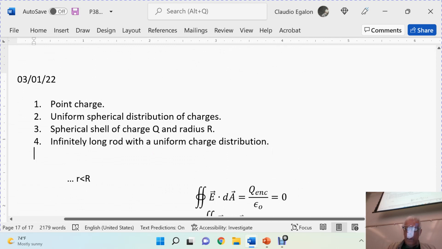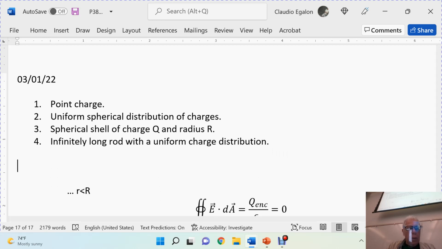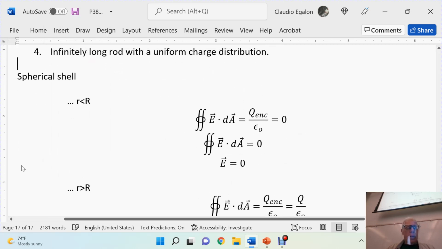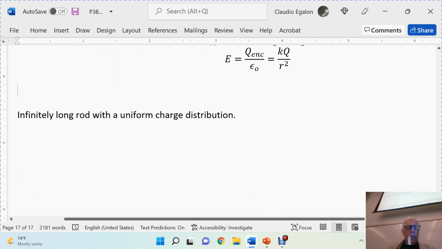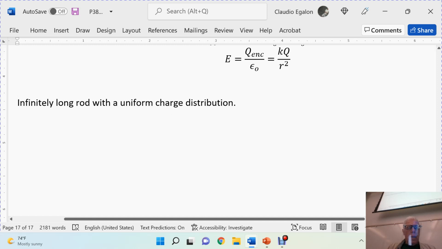So this one here, what we did, is spherical shell. Infinitely long rod. Uniform charge distribution. We represent the uniform charge distribution with the Greek letter lambda.